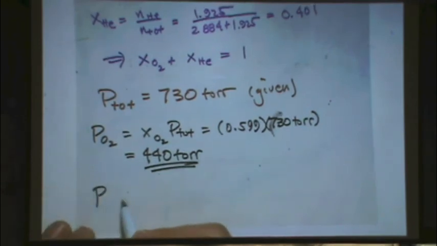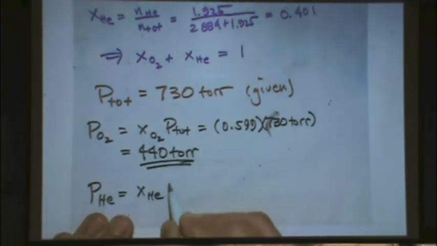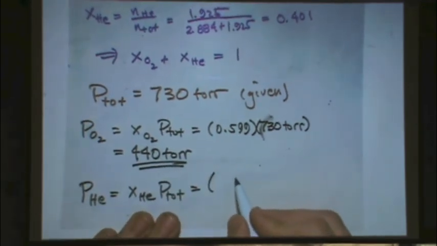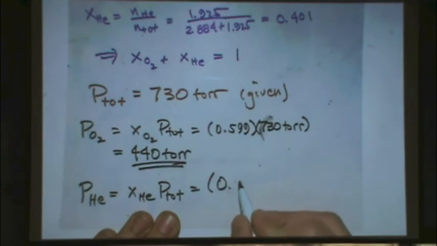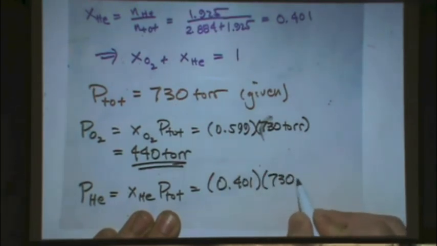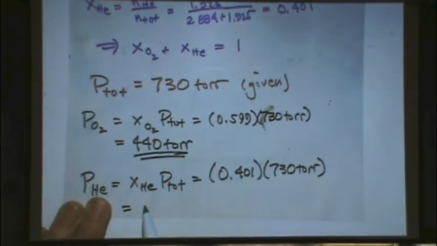The partial pressure of helium is the mole fraction of helium times the total pressure, which will equal, right there at the top upper right hand corner, 0.401 is the mole fraction times 730 torr equals, in this case, 290 torr.